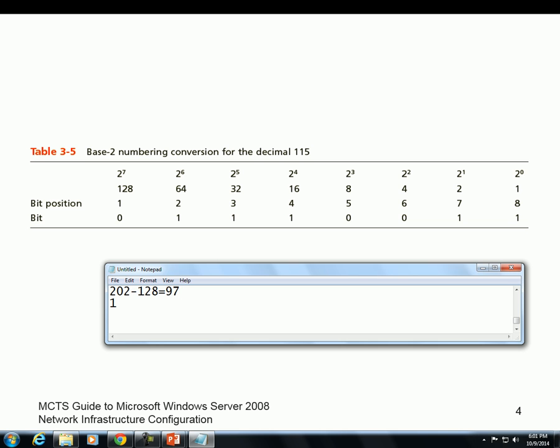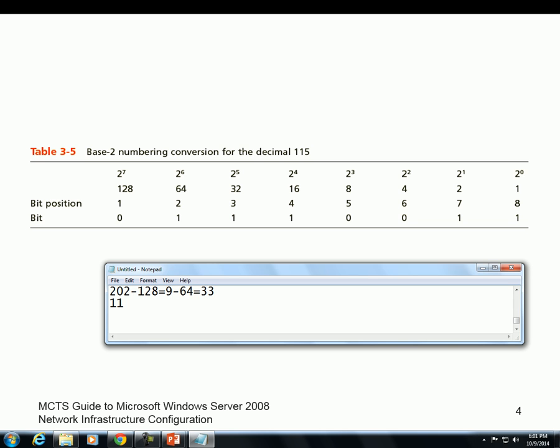Everybody follow me so far? Because I told you the number 202 to begin with, and we have 1 128. So we have 97 left over. Can we fit a 64 in there? Minus 64, end up with 33. So it's 97 minus 64 equals 96. Did I get that wrong?